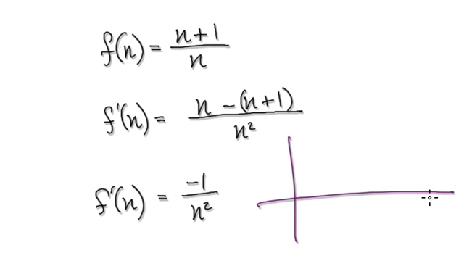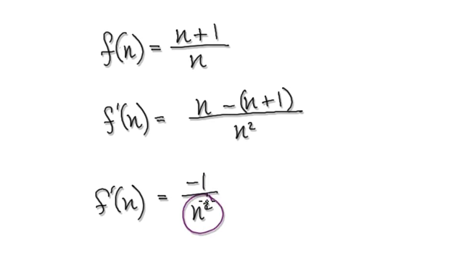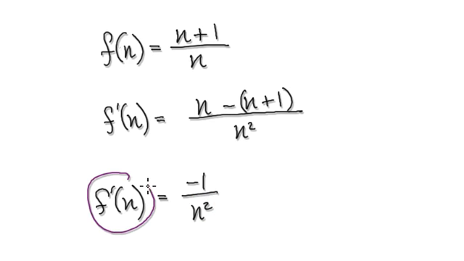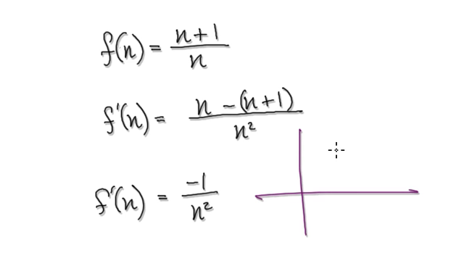Now if you look at this, remember n is always from 1 to infinity. So we don't really care about n being negative. Well, if you look at this thing here, this whole thing here will be negative. So the first derivative being always negative, it will mean that the function itself must be falling.